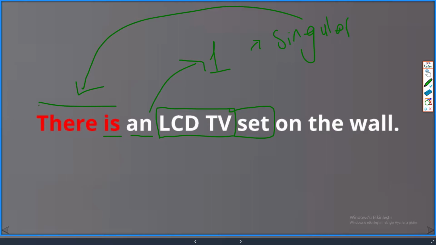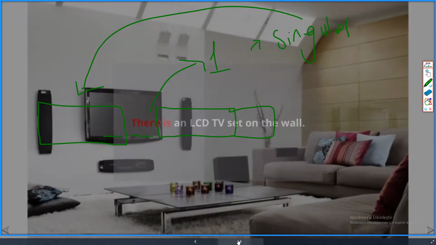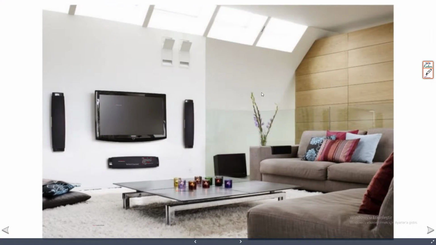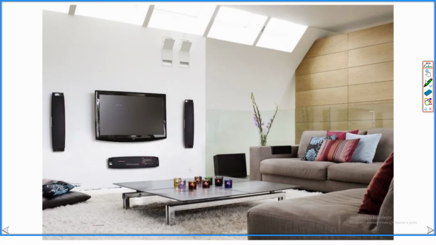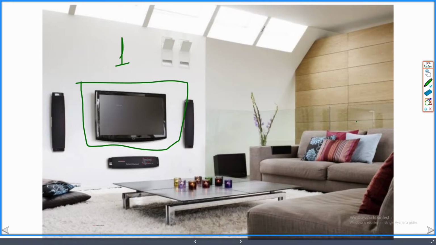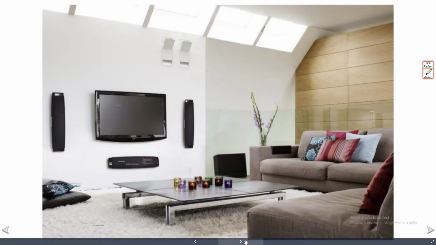There is, my friends. There is an LCD TV set on the wall, one LCD TV set, by the way.